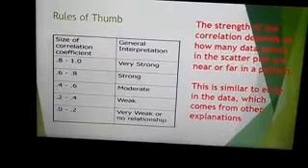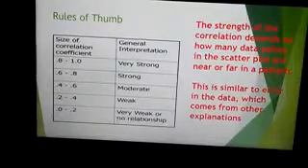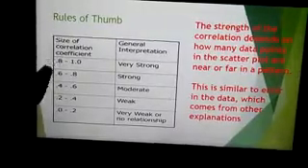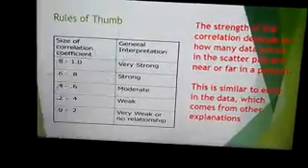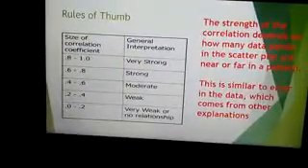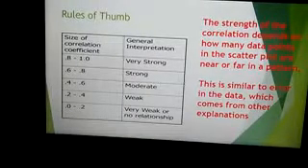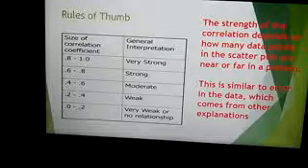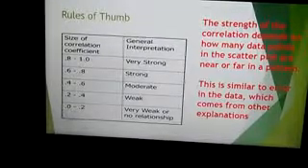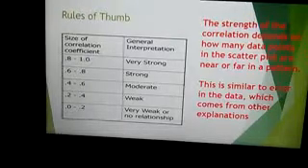There is what we call the rules of thumb. We have here the size of the correlation coefficient and its general interpretation. When can we interpret a certain correlation? If the size of the correlation coefficient ranges from 0.8 to 1.0, that is very strong correlation.